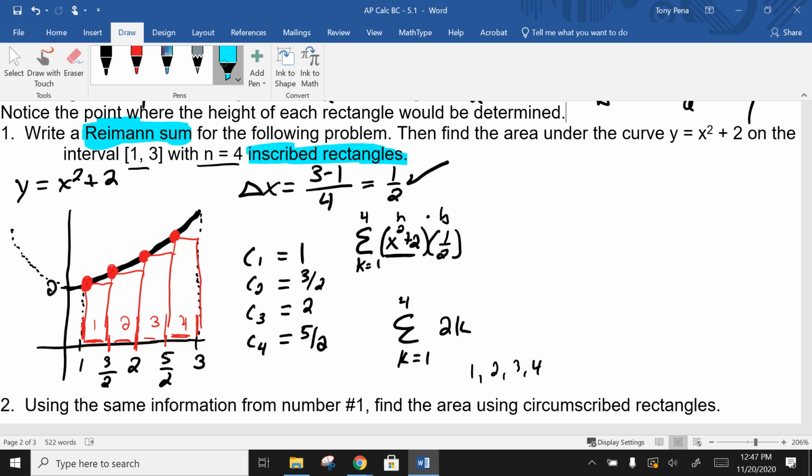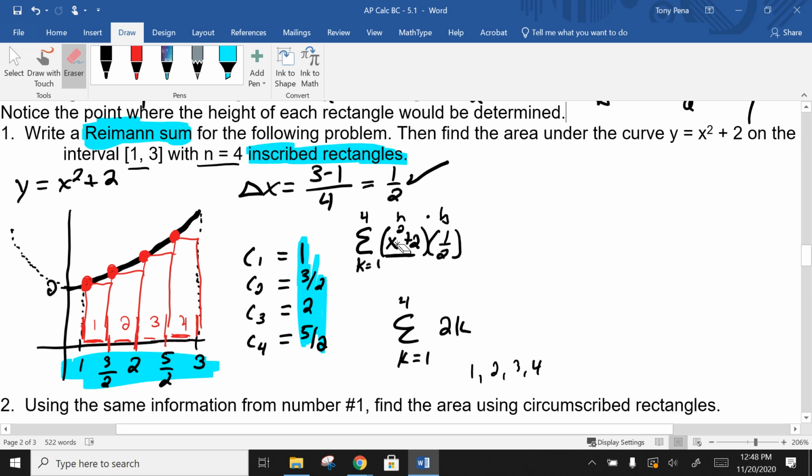We don't want to plug in those integers. We want to be plugging in these values right here, because these are the x coordinates that we're going to use to figure out what our heights are. So the way this gets written, instead of x squared plus 2, we're going to get rid of the x, and we are calling this c sub k squared plus 2.